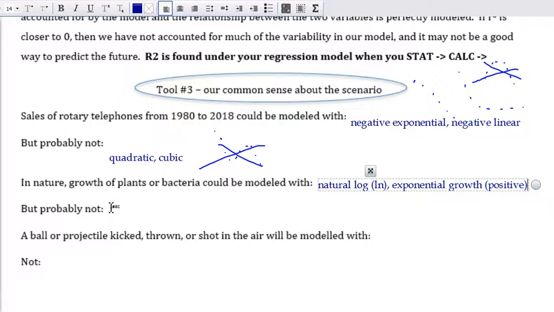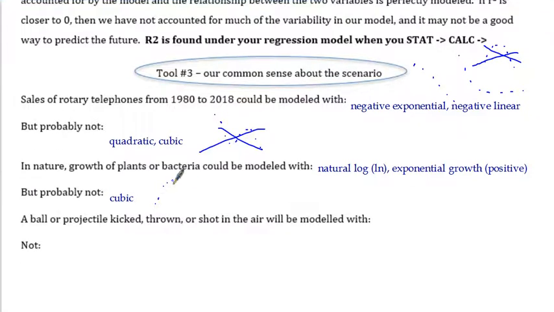But in growth of plants or bacteria, again, probably not cubic, right? These things don't grow and then go back down and then start growing again, right? That just probably doesn't happen. Probably not cubic. Probably not quadratic of any sort, right? They don't go down in population and grow up again.